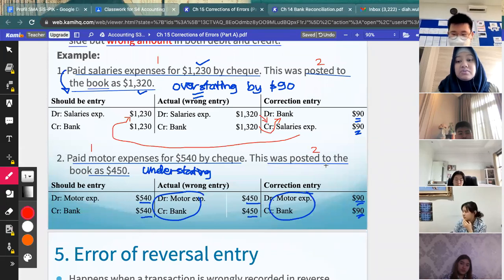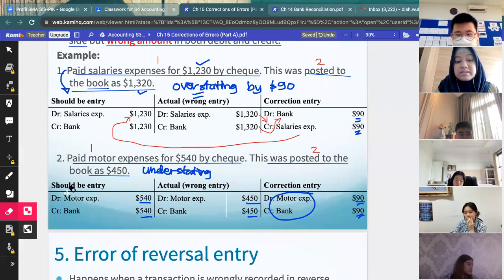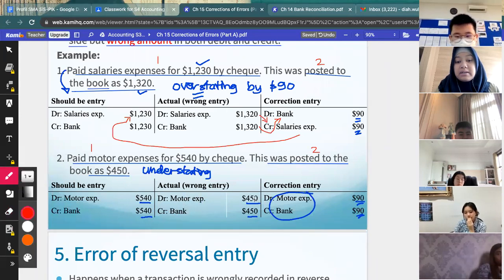This was posted to the book as 450. You are making the same entry, motor expenses and bank, but you recorded it as 450 when it should be 540. So the actual entry is understated. It's lower than supposed to.